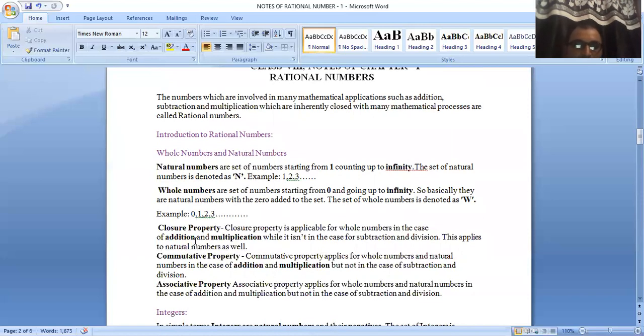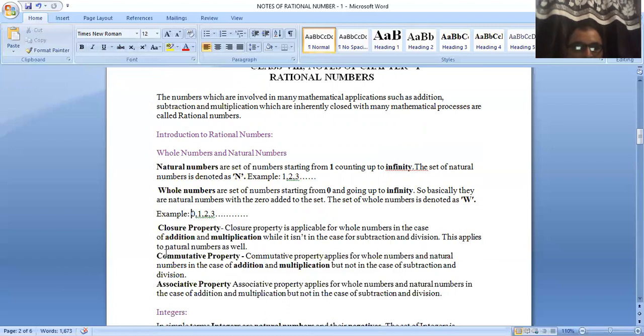Now we move to the properties of natural and whole numbers. First is closure property. Closure property is applicable for whole numbers in the case of addition and multiplication, while it isn't in the case of subtraction and division.